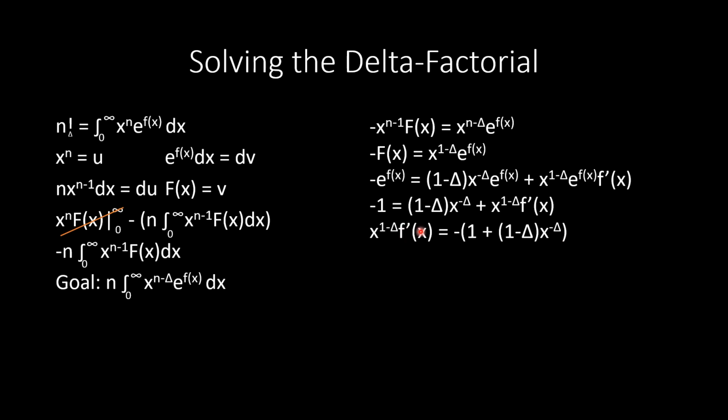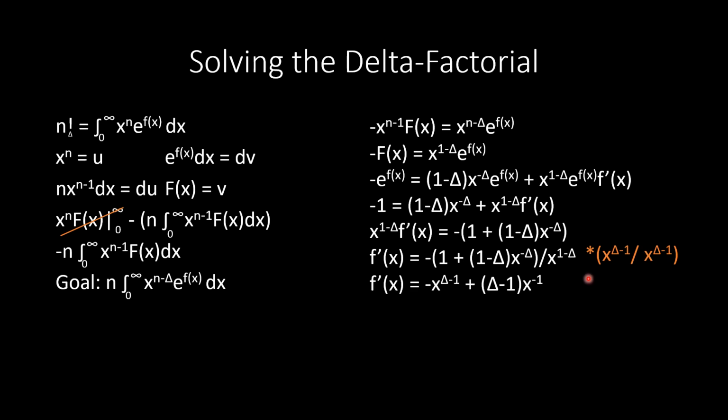Getting f prime completely by itself, we'll divide by x to the 1 minus delta, giving us f prime of x equal to negative 1 plus 1 minus delta x to the minus delta, divided by x to the 1 minus delta. To get rid of this denominator and make it look more coherent, we'll multiply by delta minus 1 over delta minus 1, because we can just multiply by 1. That's not a big issue.